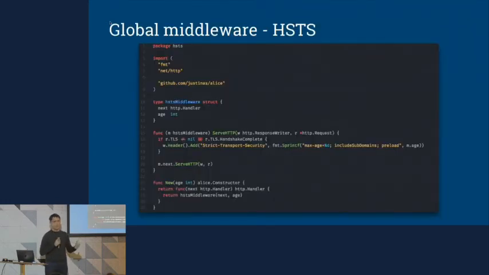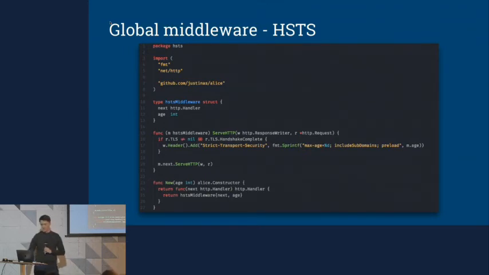It also gave us a really good place to bring in global middlewares. So things like your HSTS headers, if you want to force clients to connect to your site on HTTPS, can be served at the front-end server level, where we previously had that being served by Rails, as that was our application code.